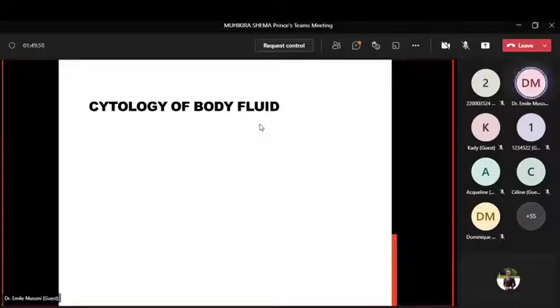So the difference between exfoliative and non-exfoliative: non-exfoliative is what you say for the FNA, because for this one we use aspiration with needles.